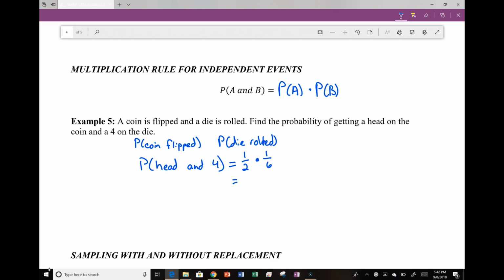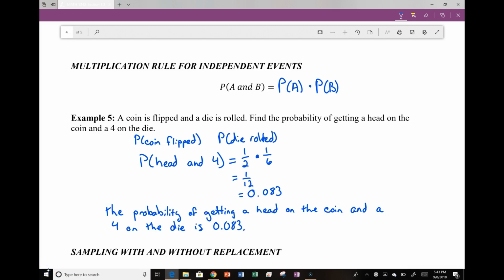I multiply those together. I'm going to multiply straight across and I get 1/12. Or if I do the division, it's going to be 0.083. So the probability of getting a head on the coin and a 4 on the die is 0.083, 83 thousandths.